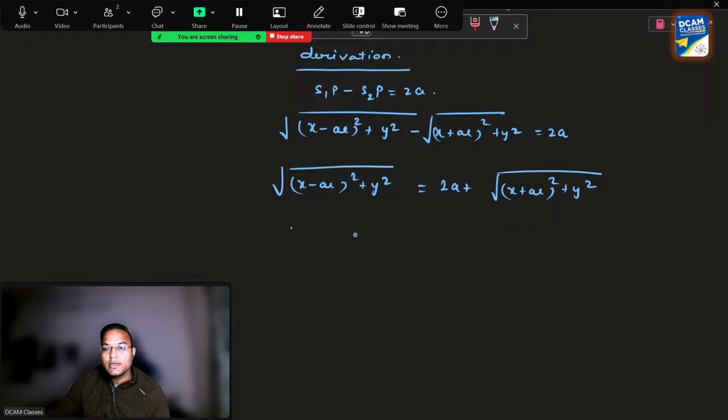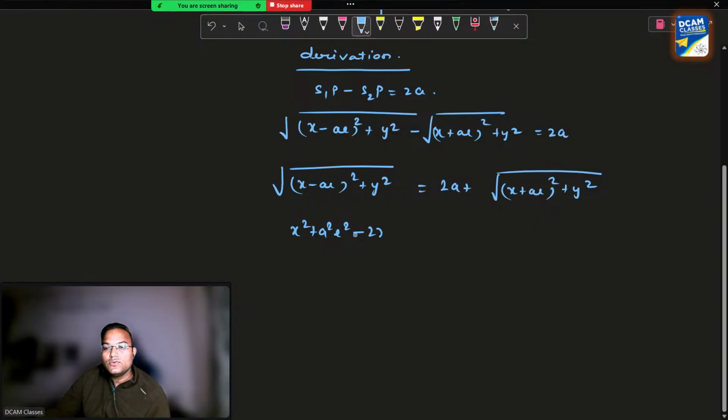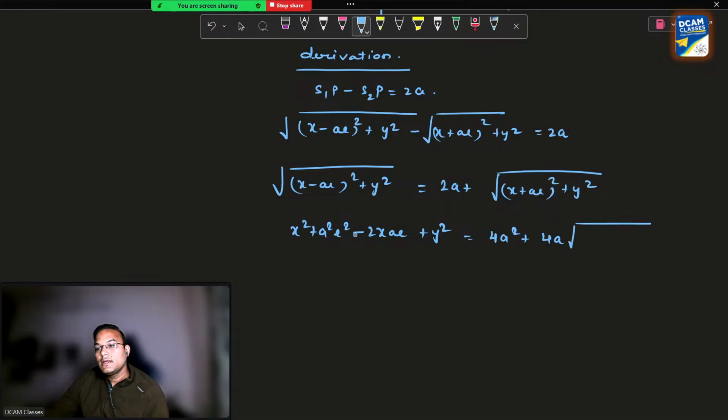Let me do it. x square plus a square e square minus 2xae plus y square is equal to 4a square plus 4a root over (x plus ae) whole square plus y square plus x square plus a square e square plus 2xae plus y square.